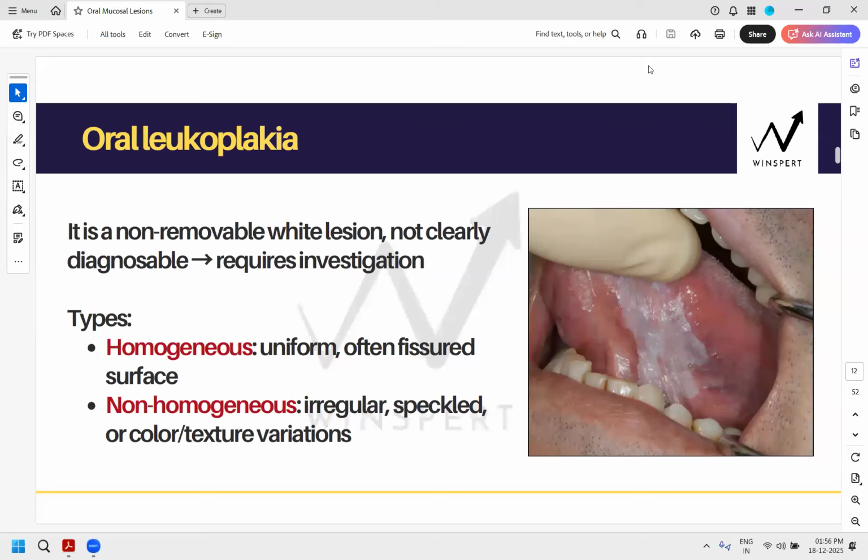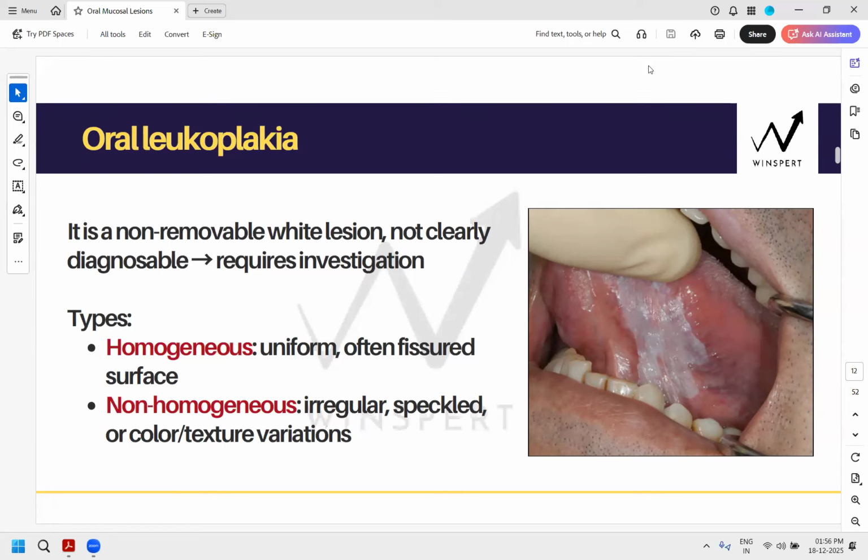Oral leukoplakia is a clinical term for a non-removable white lesion, and it is not any specific diagnosis. Therefore, it requires further investigations to rule out other lesions. After everything is excluded and you can't define a specific diagnosis, that white patch is known as leukoplakia.